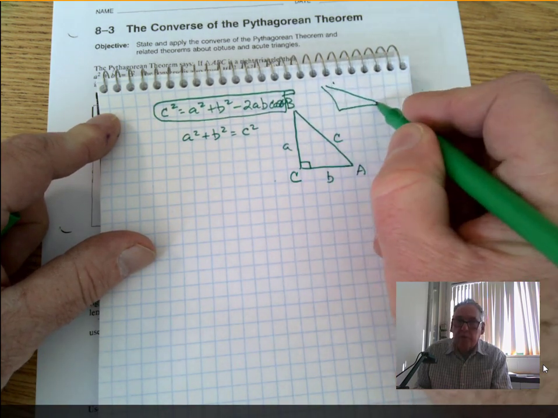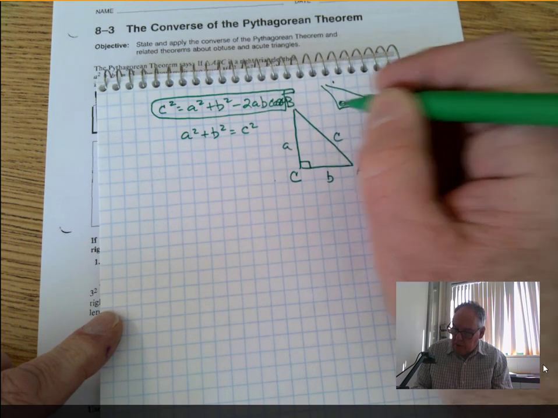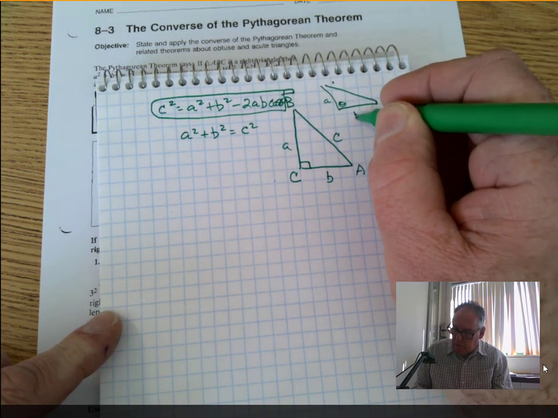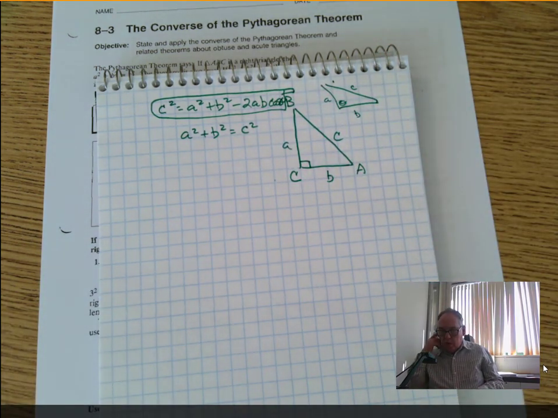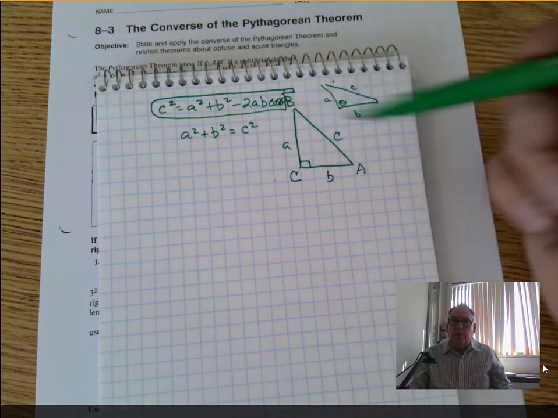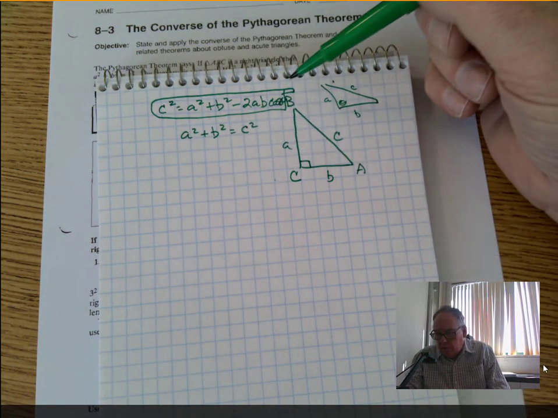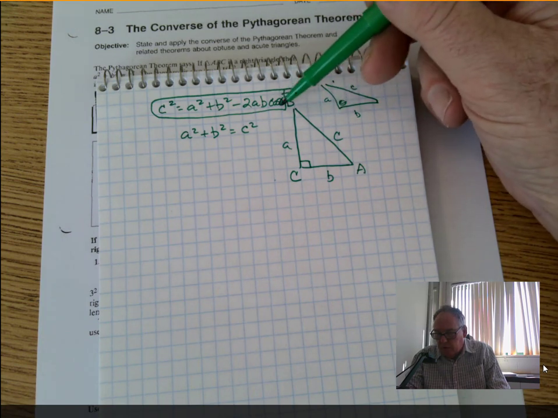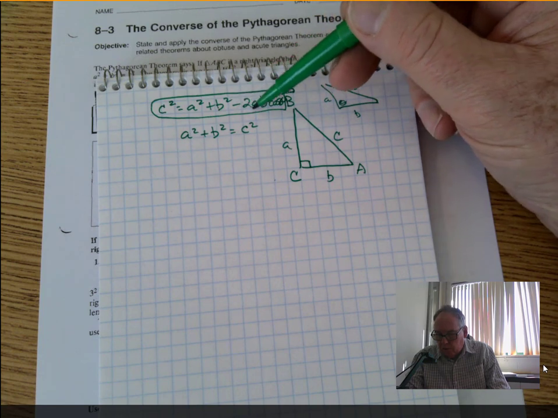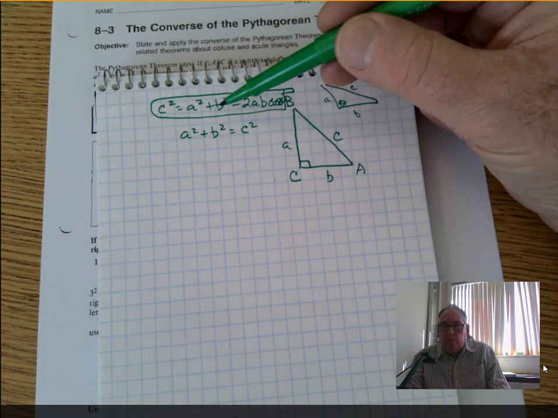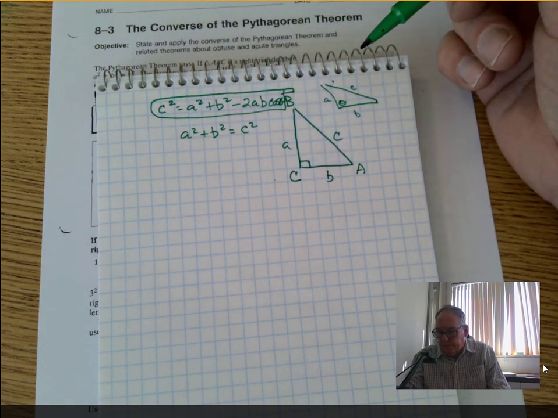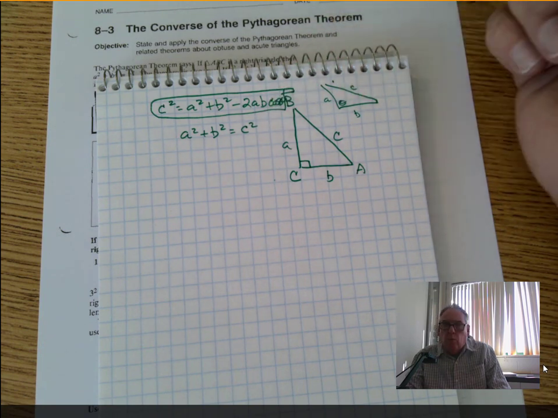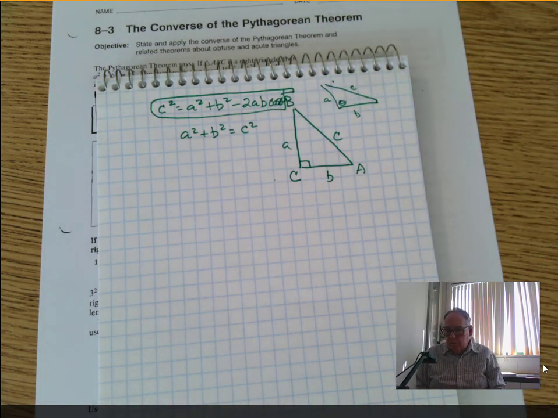So if you have a triangle like this, call this your A, this your B, and this is your C. The Pythagorean theorem is really just a special case of the law of cosines, because for 90 degrees, the cosine of 90 is 0, and this whole term goes away, and you're just left with the Pythagorean theorem.